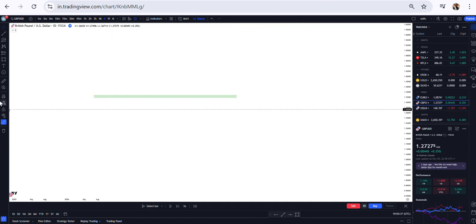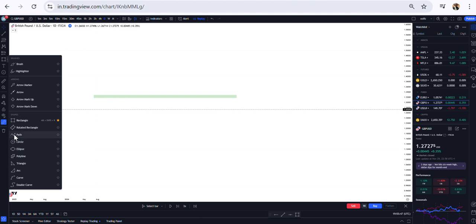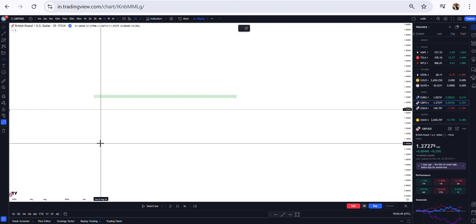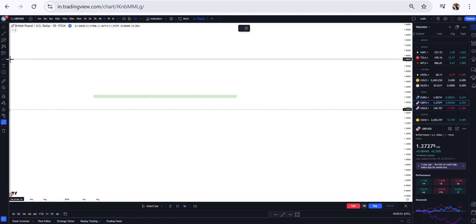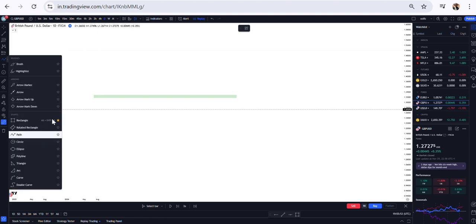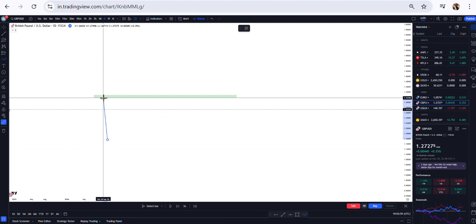Now, if you are trying to jump up, and then something is blocking you from jumping up, what do you call that thing? You call it a resistance, right?